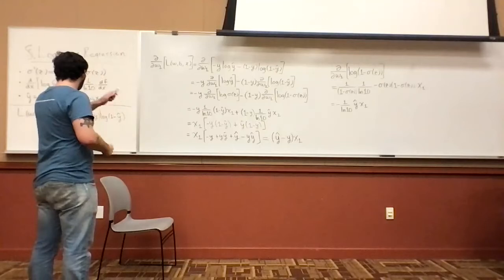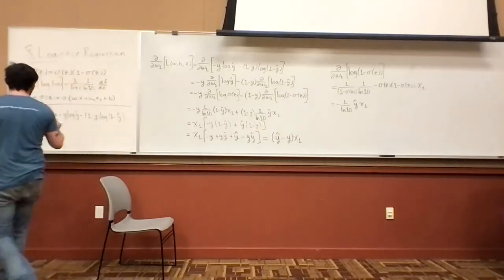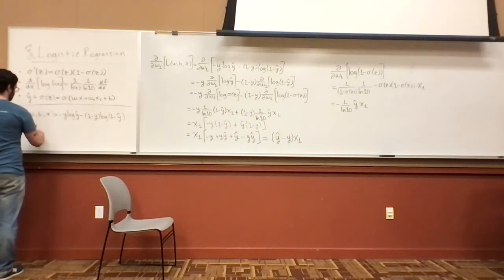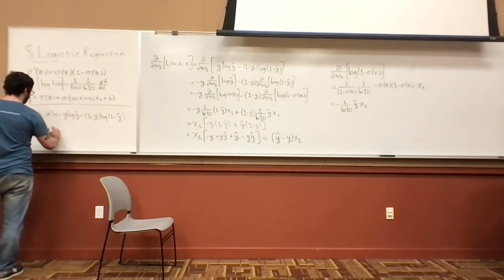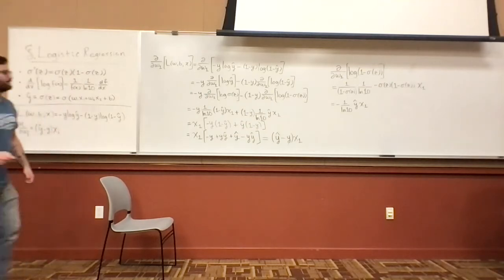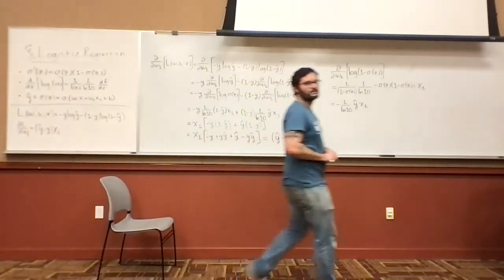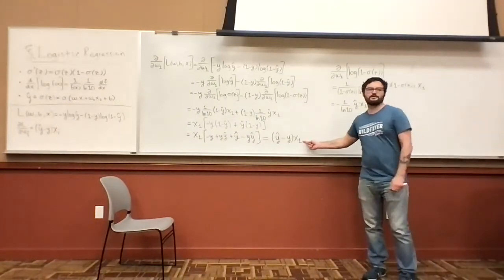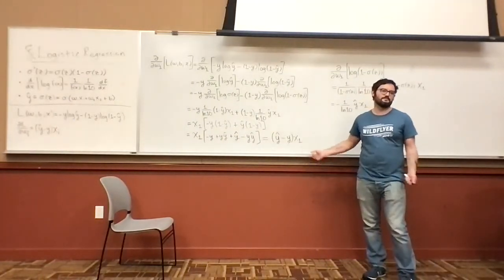So all of this business that we just did basically is telling us that partial L, partial W i is equal to our prediction minus our output times X i. If we did the same thing for the partial with respect to W2, it'd just be a 2 right there. The coefficient of W2 is X2.